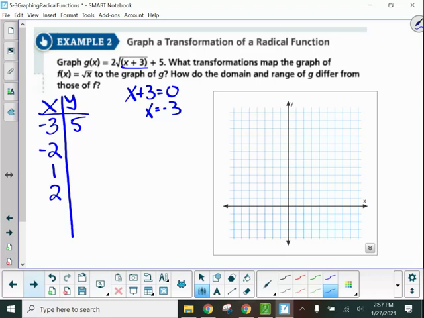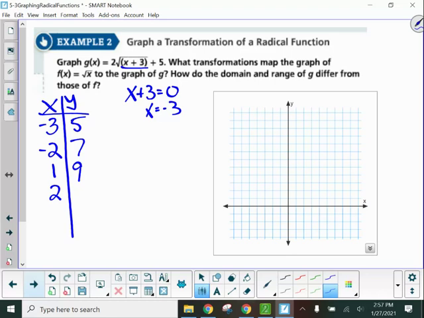So when I plug in negative 2, negative 2 plus 3 is 1. Square root of 1 is 1 times 2 is 2 plus 5 is 7. If I plug in 1, 1 plus 3 is 4. Square root is 2 times 2 is 4 plus 5 is 9. And then if I plug in 2, this is where I'm going to get a decimal. 2 plus 3 is 5.